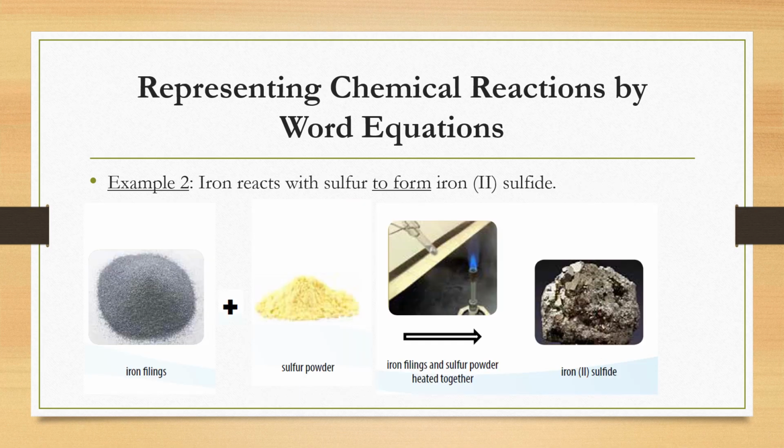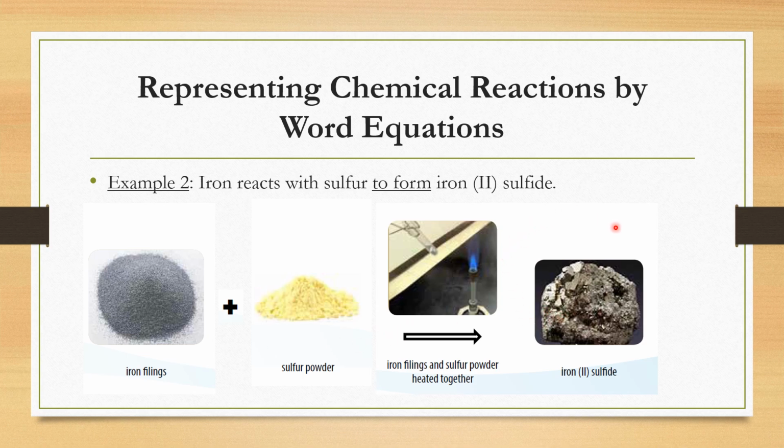Another example of a chemical reaction is the reaction between iron and sulfur to form iron 2 sulfide. Iron and sulfur are the starting substances. They are the reactants and are placed on the left side of the arrow.